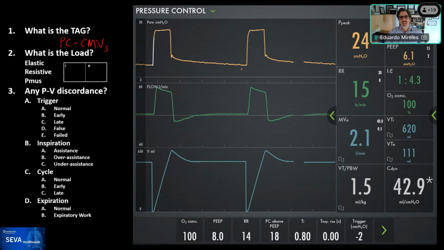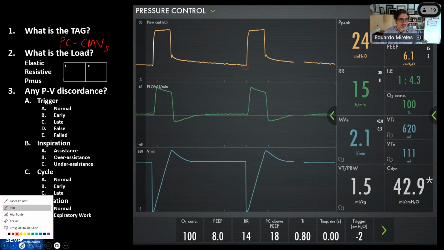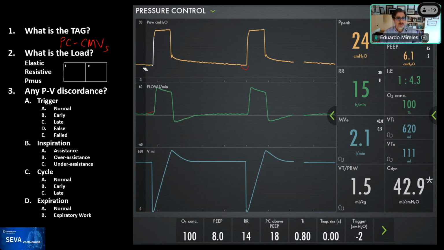The books in general try to guide you that you should look for a drop in pressure when it's a patient trigger, or that the flow should cross over the baseline. And those are good markers of patient activity, but not necessarily present all the time. So don't trust that, the ventilator can tell you if it was the patient or the machine.